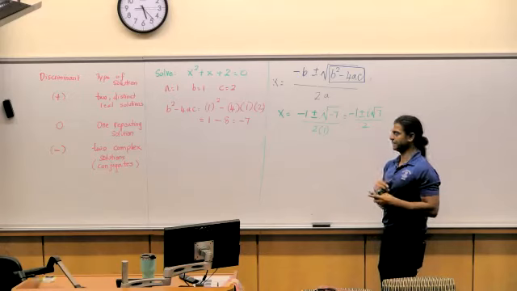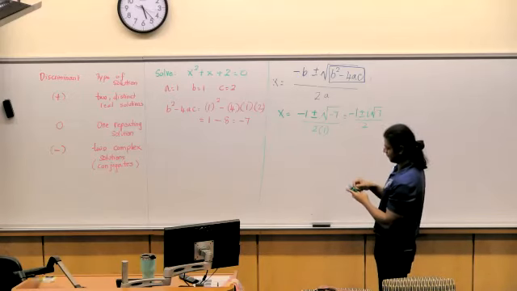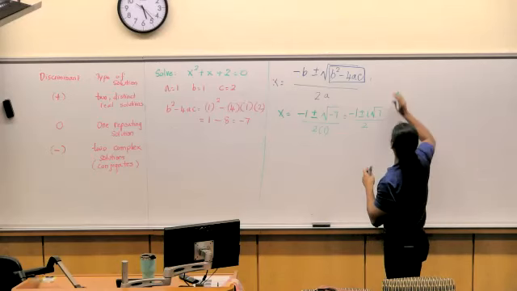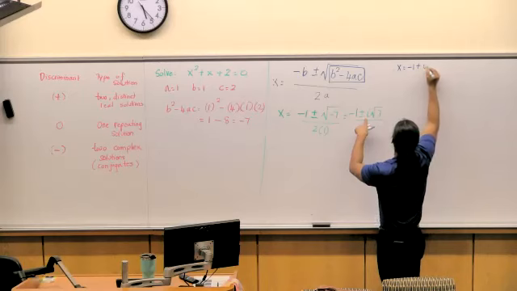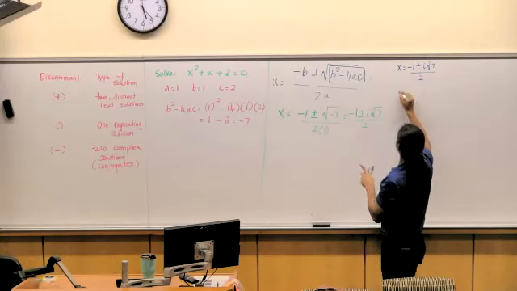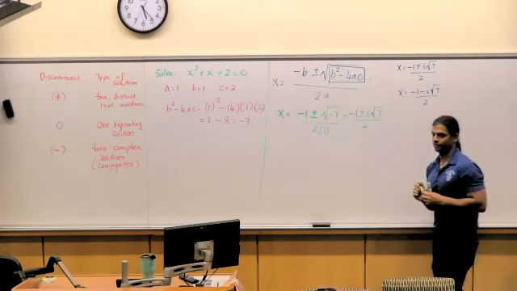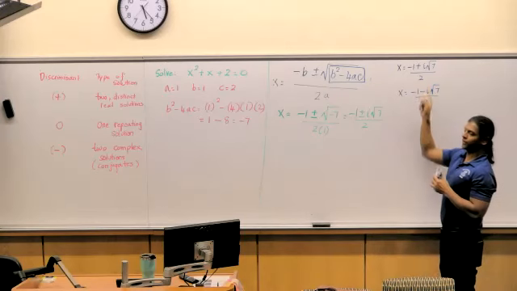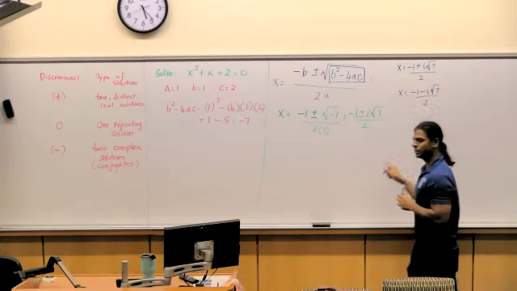You can leave it as is, but I just want to make a point and say, well, we have 2 solutions. One of them is minus 1 plus i root 7. The other one is minus 1 minus i root 7, over 2. Are those conjugates of each other? They are. Are we clear?